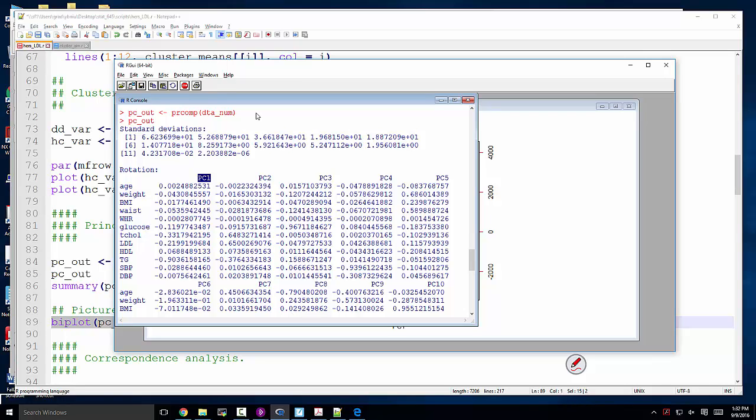We have a bunch of numbers, and some are substantially bigger in magnitude than others. For example, the biggest magnitude number is this one, Tg. The coefficient is minus 0.9, as compared to a coefficient for age of 0.0025.